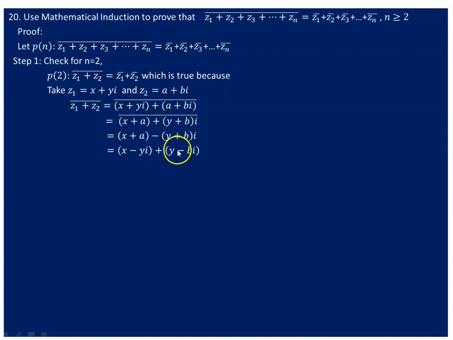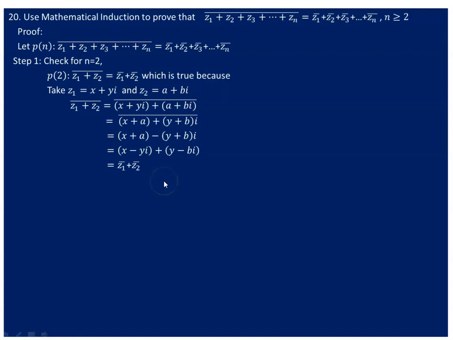What about a minus bi? a minus bi is the conjugate of z2. So what we have here is z1 bar plus z2 bar. So what we said in P2, that z1 plus z2 bar is equivalent to z1 bar plus z2 bar, holds true. The conjugate of the sum is the same as the sum of each conjugate. So step 1 is satisfied.